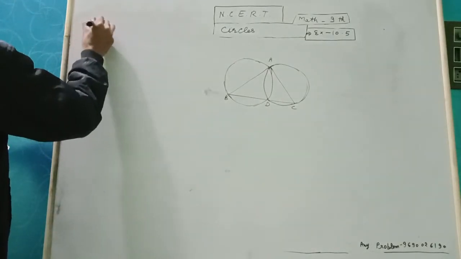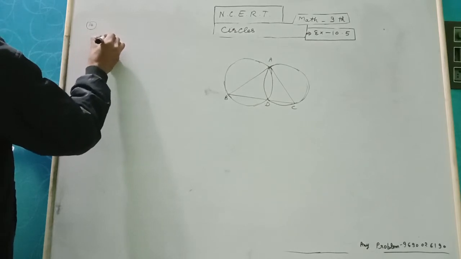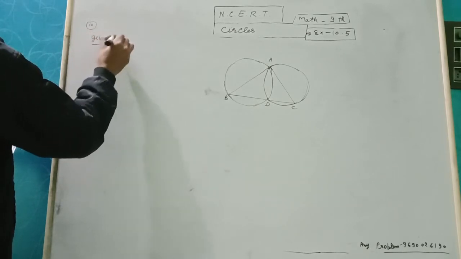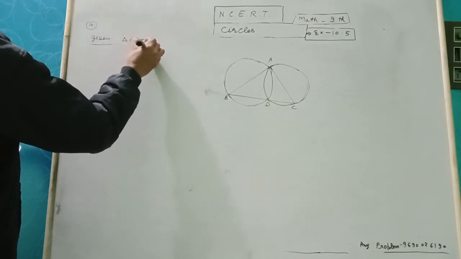Question number 10. Given is triangle ABC.